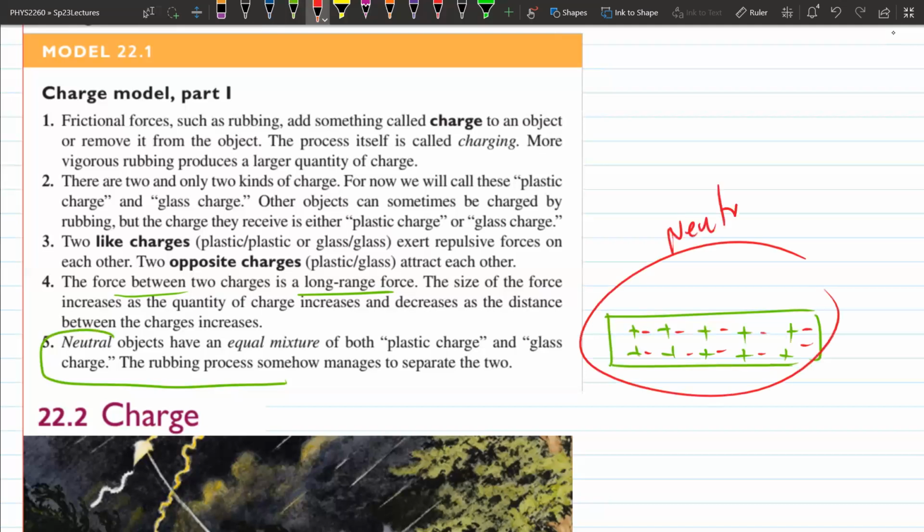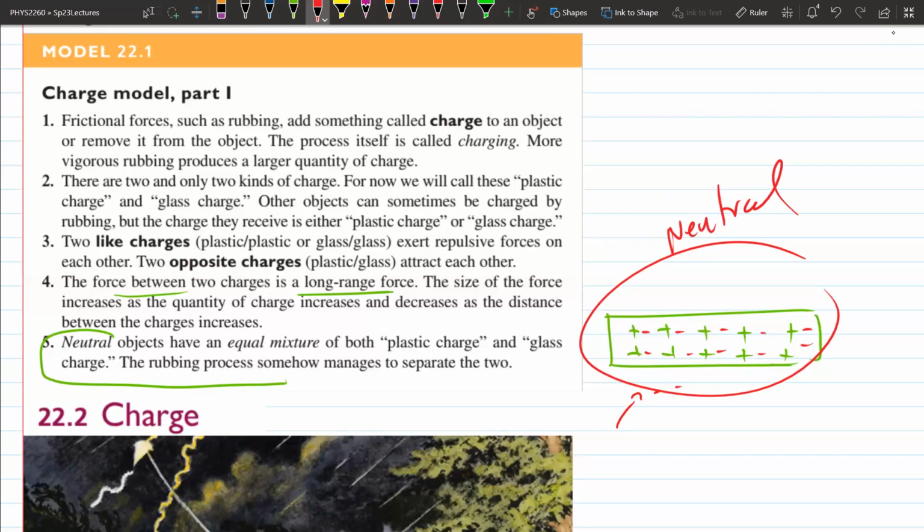And we're going to see that when we rub the plastic with wool, you're actually adding negative charge to it, and that's how it charges up. But we're going to see that in a second. So that's the idea of the charge model.